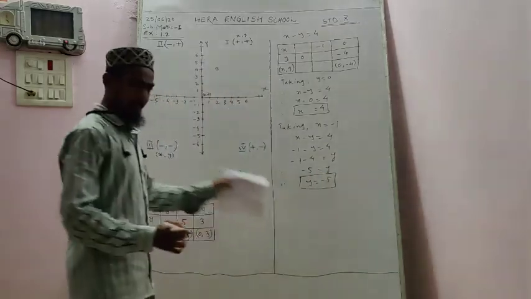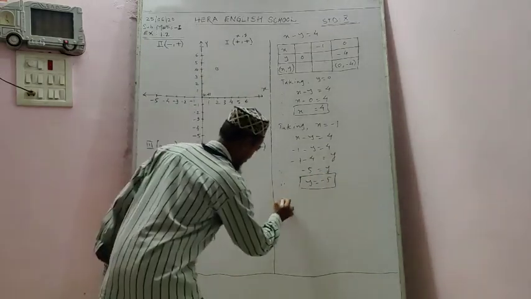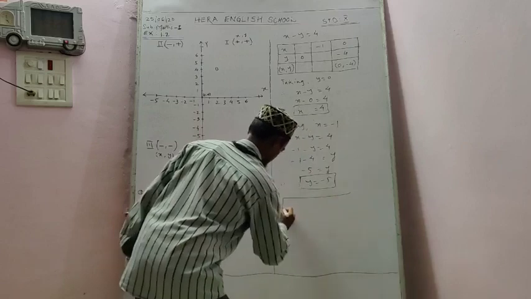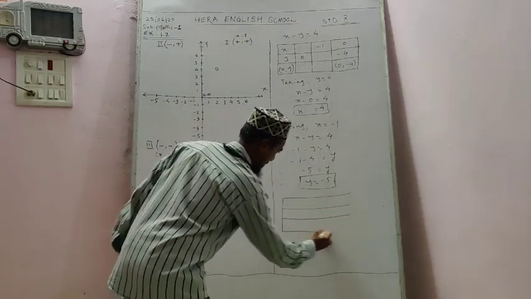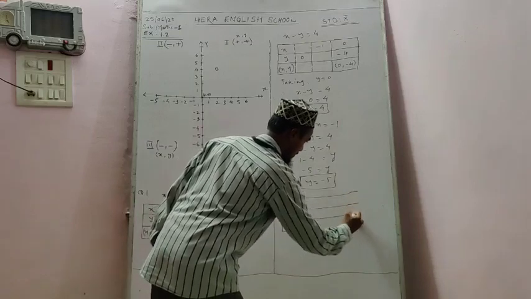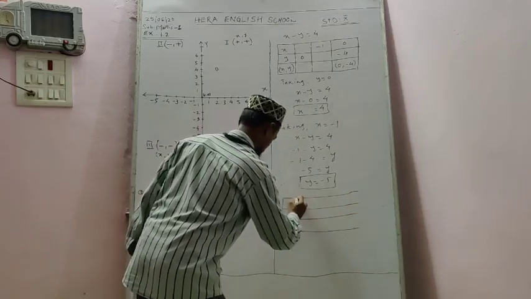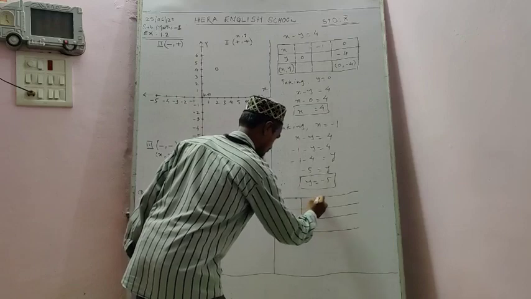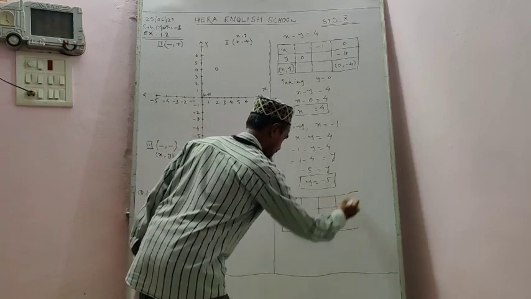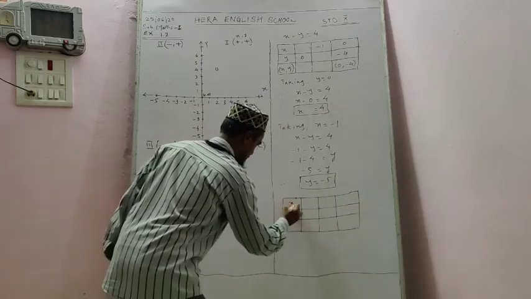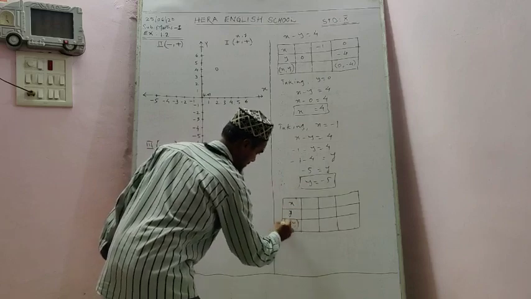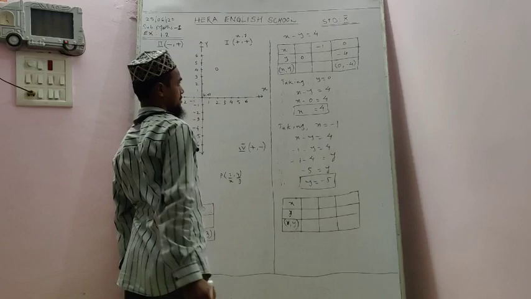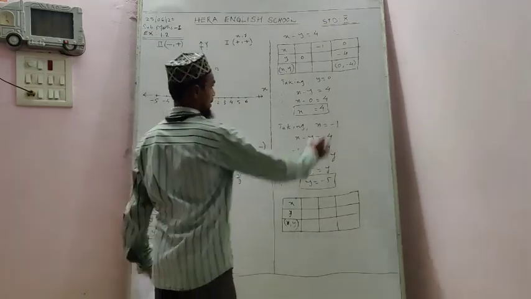Once again we will draw the table and we will keep the values. The table is there. X, y, x and y. X we got here 4.